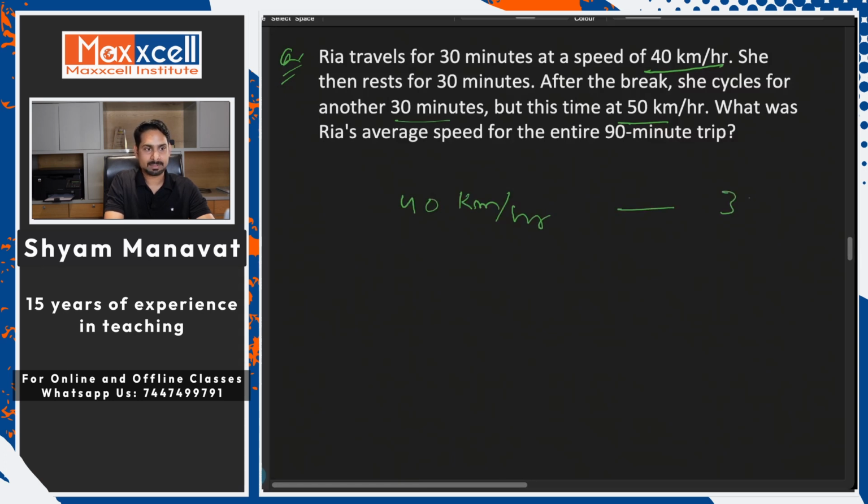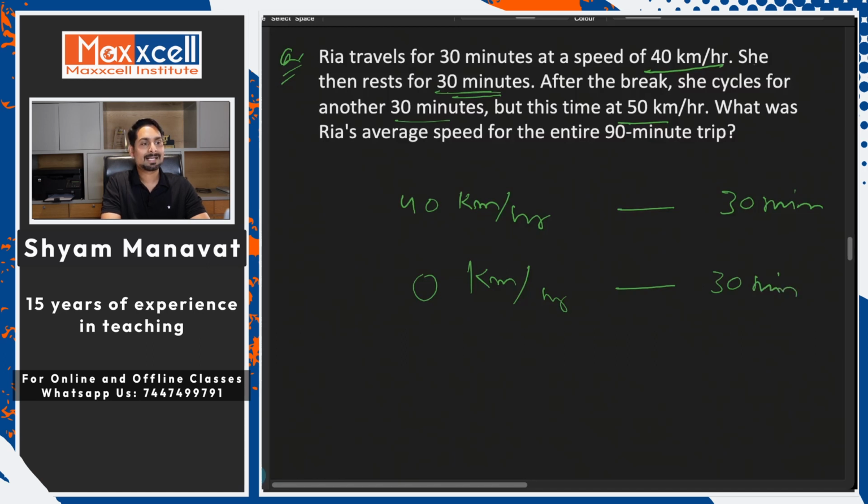She then rests for 30 minutes. When she is resting, definitely the speed must be 0. So the speed is 0 kilometers per hour, and she remains in this state for 30 minutes.